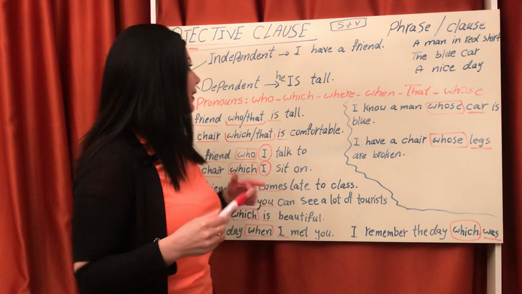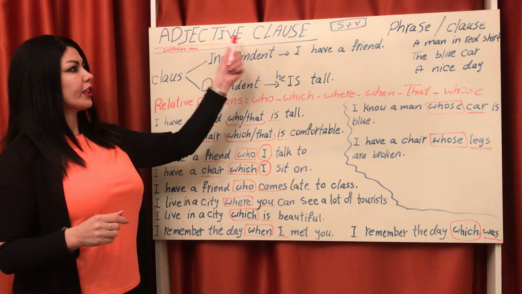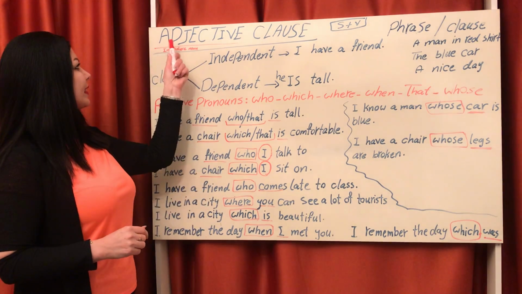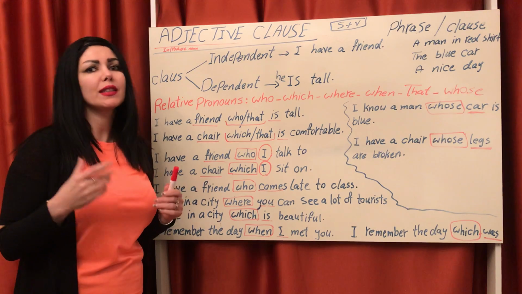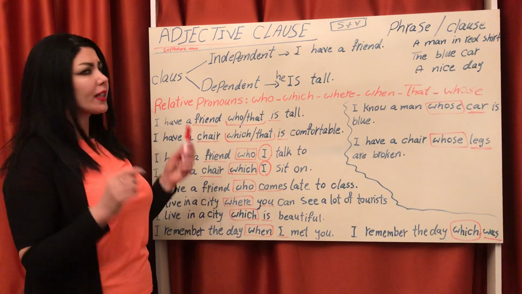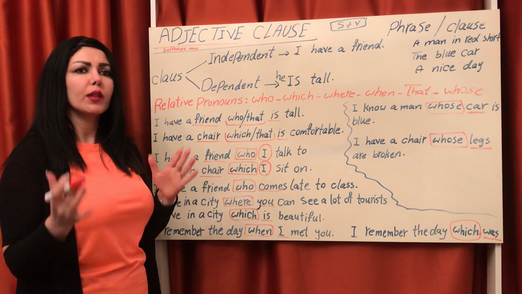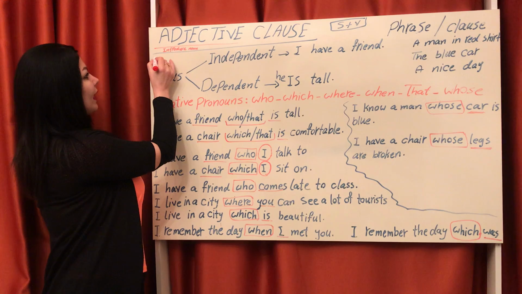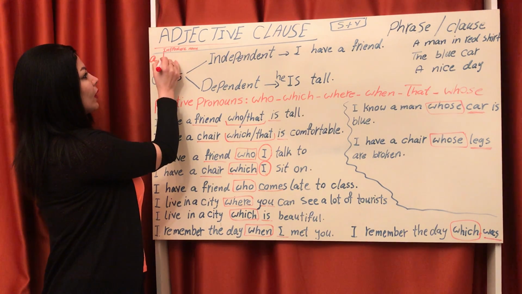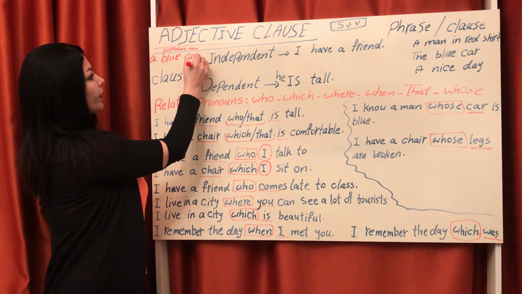Okay, again, let's review. At first, adjective clause. An adjective is a word that introduces a noun. For a simple adjective, the adjective comes before the noun. For example, a blue car.